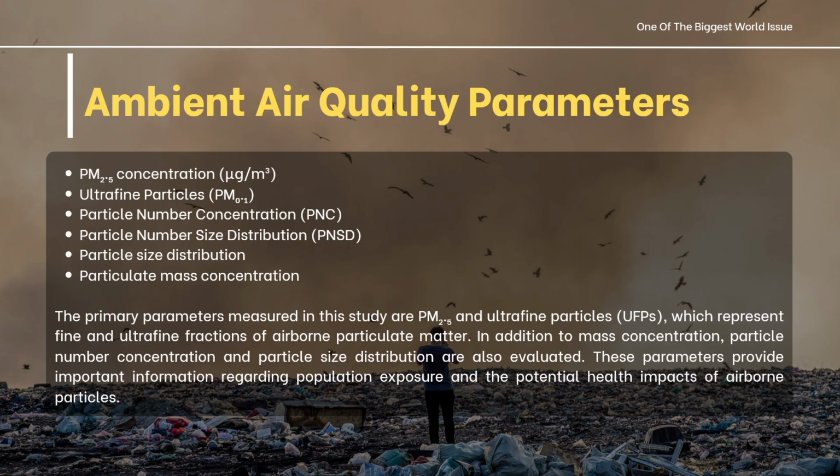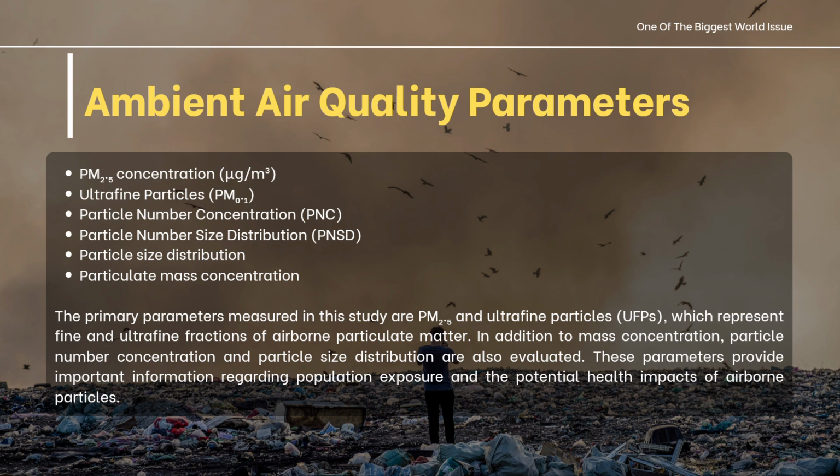For the ambient air quality parameters, there are several parameters including PM 2.5 concentration in micrograms per cubic meter, ultrafine particles PM 0.1, particle number concentration or PNC, particle number size distribution or PNSD, particle size distribution, and also particulate mass concentration.